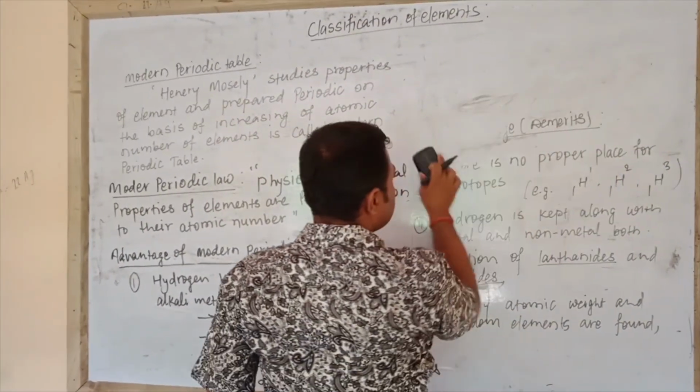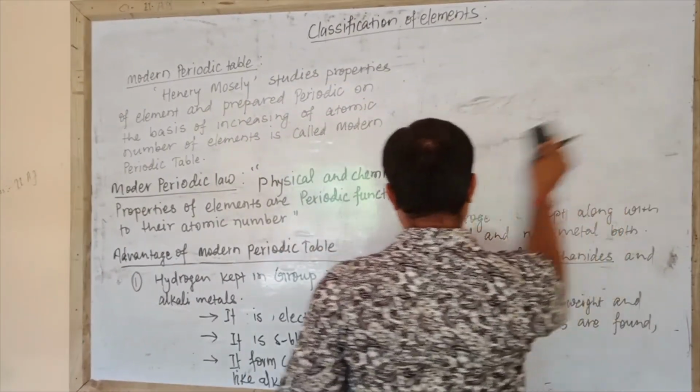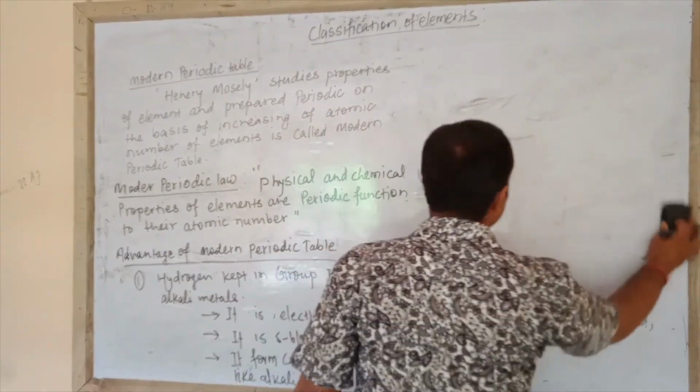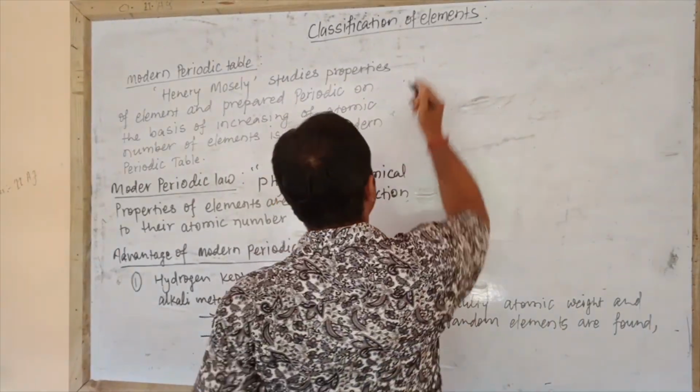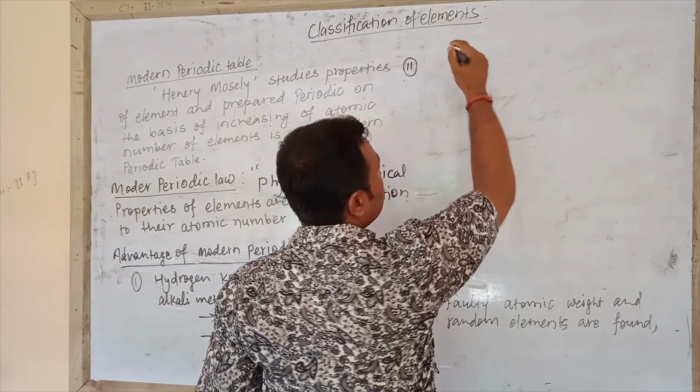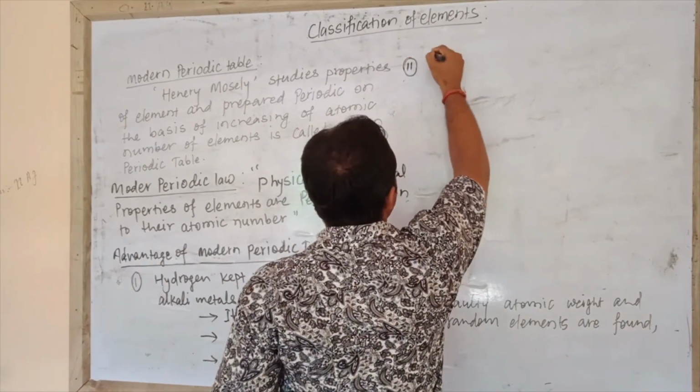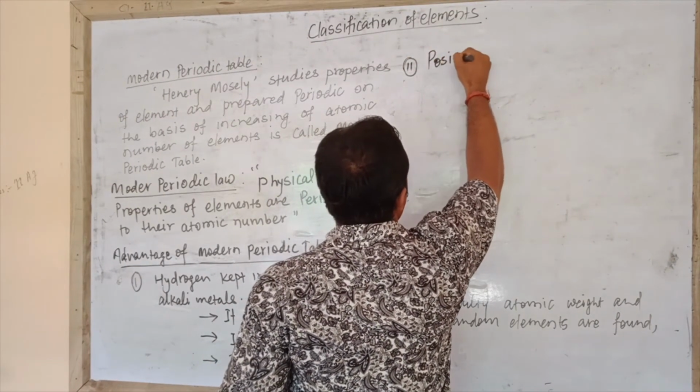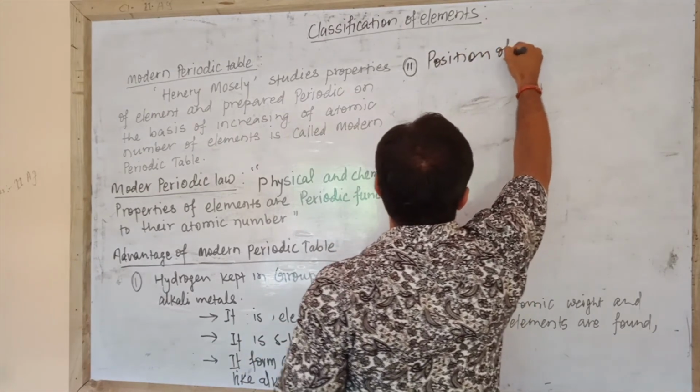Next, the modification of the Mendeleev periodic table in the modern periodic table is the position of isotopes.